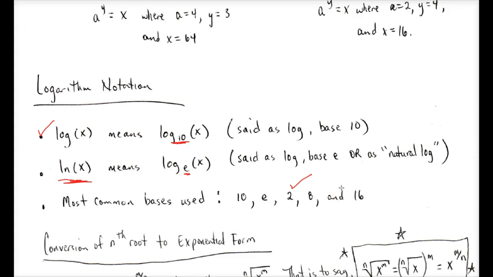And so one of the reasons why we use logarithms in general is to take numbers that are very, very large or very, very small and refer to them in terms of the exponent of that number instead of just the number itself. So for instance, the Richter scale.